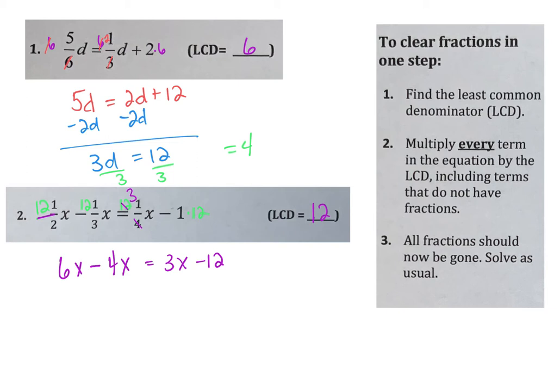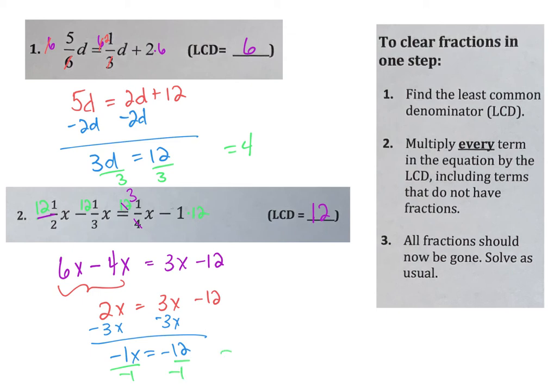And then we're just combining like terms and moving on. So we have 2x here. Subtract your 3x over. Negative 1x equals negative 12. So we need to divide both sides by negative 1 here. All right? So that is the process we're doing every single time. These rules right here is what you're going to follow when you have your fractions.